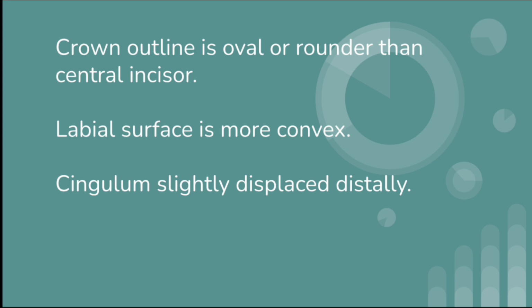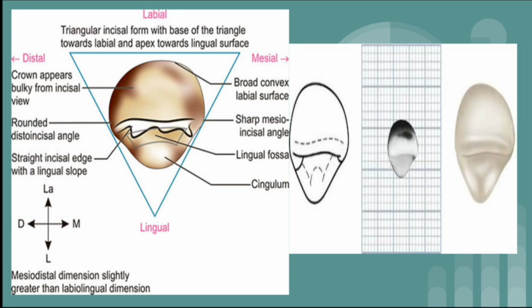This is how the incisal aspect looks. You can appreciate a triangular form, with the base of the triangle towards the labial and the apex towards the lingual surface. This is how the triangle form looks.